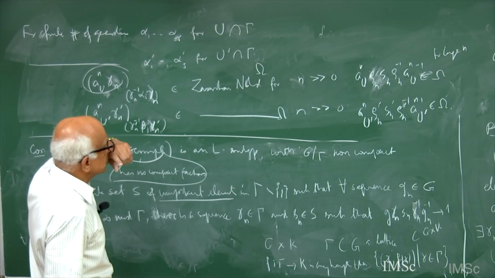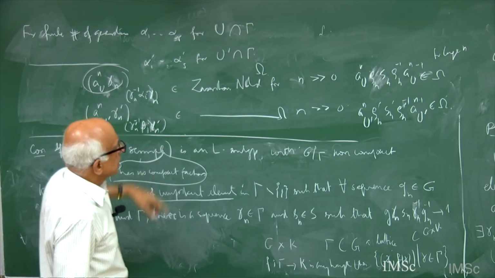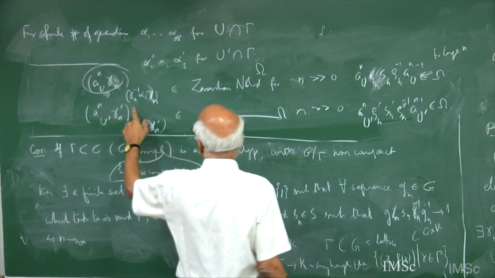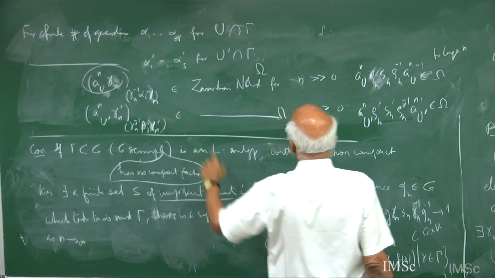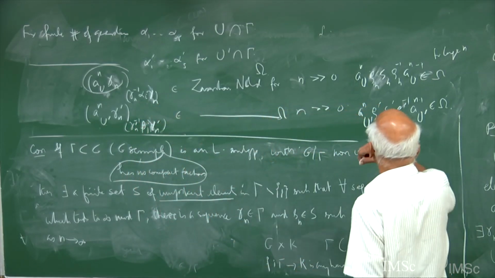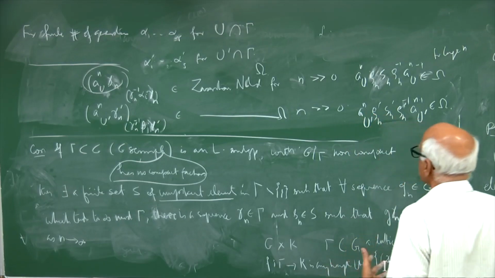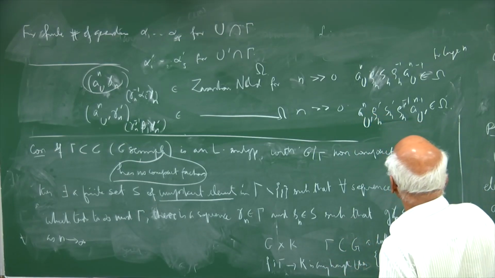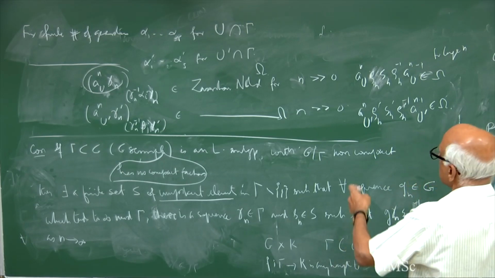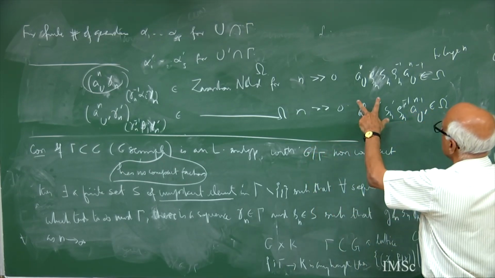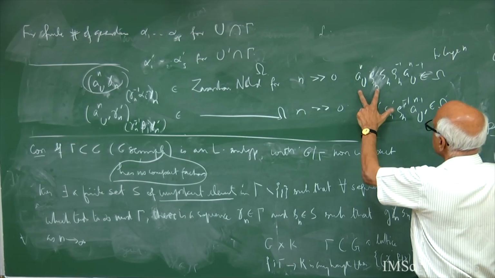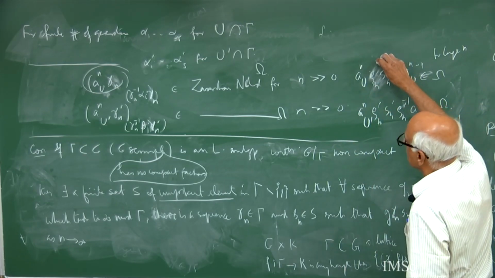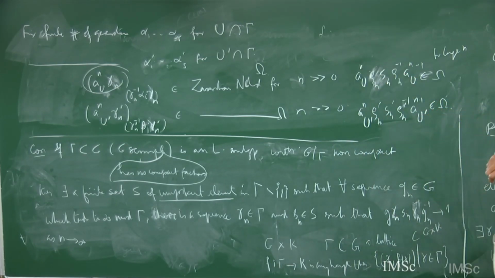What I can do is the following. I can look at this element along with, see, I can introduce, how do I say this? What I want to say is the following.